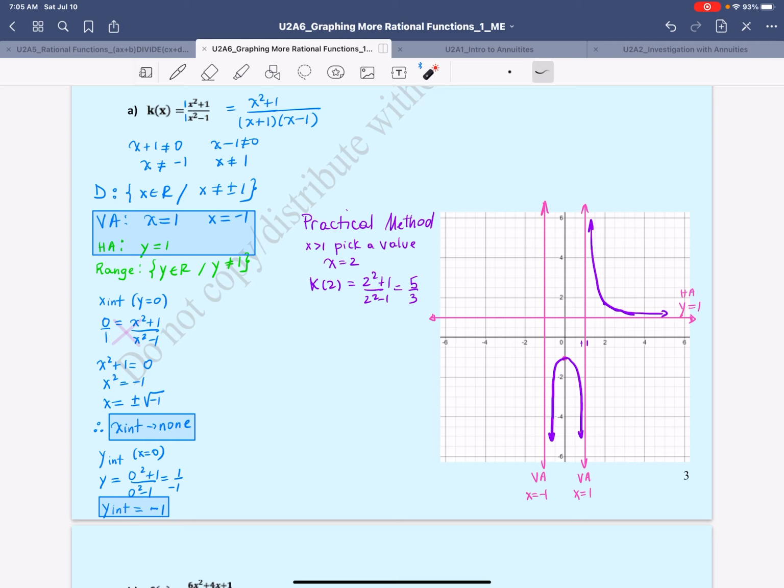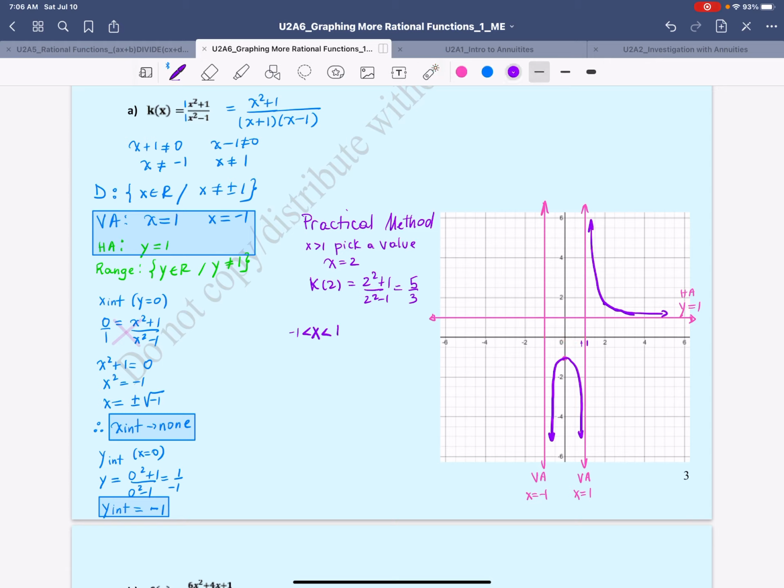So for the last section of the domain, which is x values less than -1, we're going to pick a value of x at -2. So I'm going to jot a few notes in here for this section that we just finished.